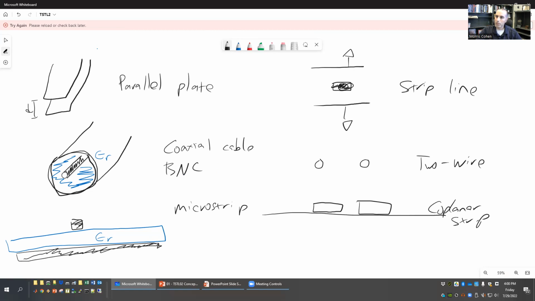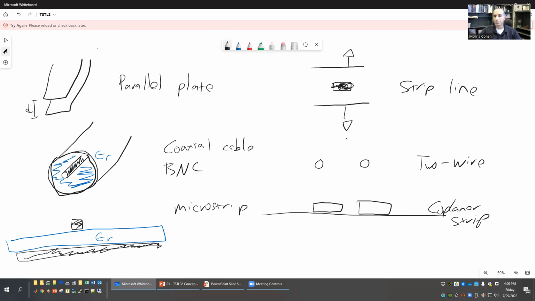Now, transmission lines are something that you would probably start by intentionally designing, right? You go out and you buy a coaxial cable because you want to build a transmission line. You want to carry voltages and currents from A to B. But some of these may also exist parasitically.